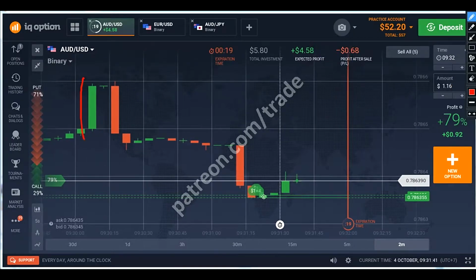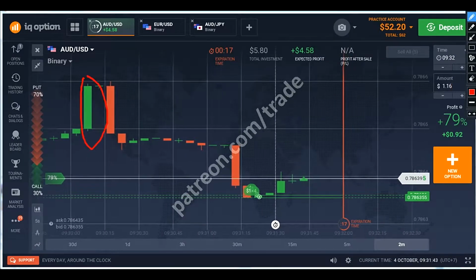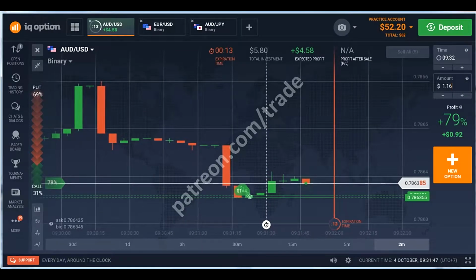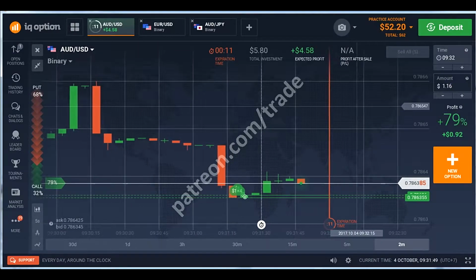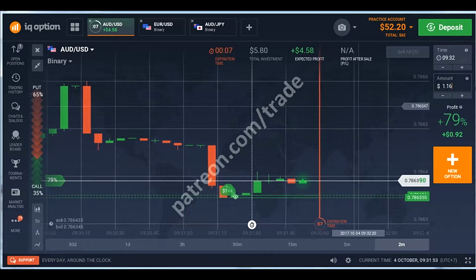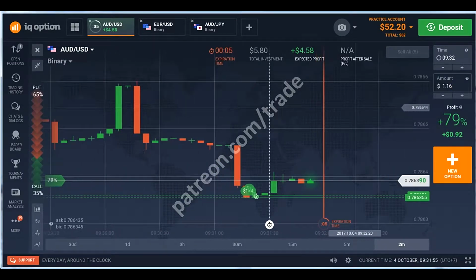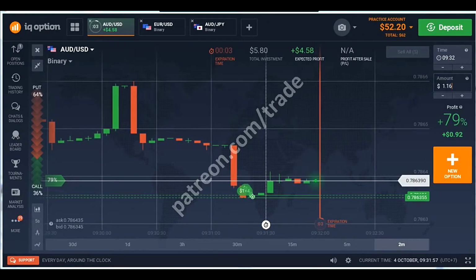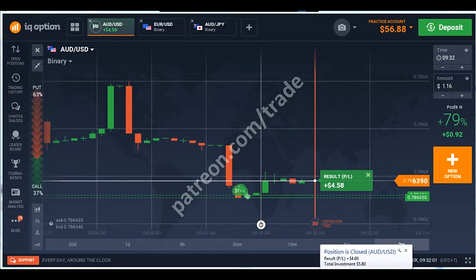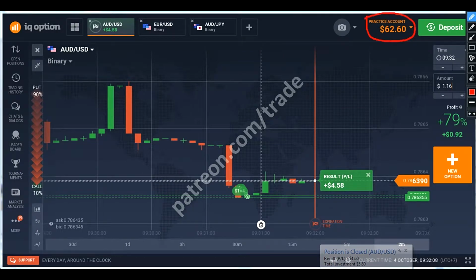This one is actually very weak. Let's find this trade, and our balance has got 62.60.